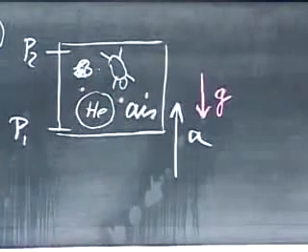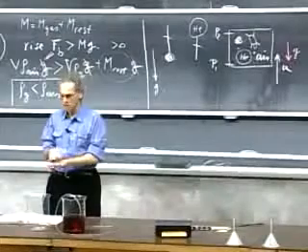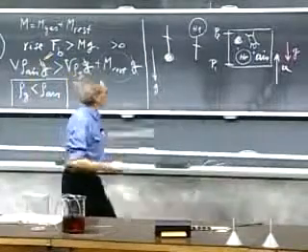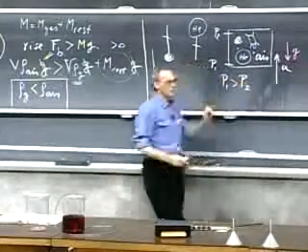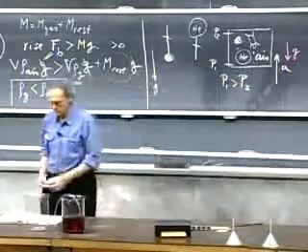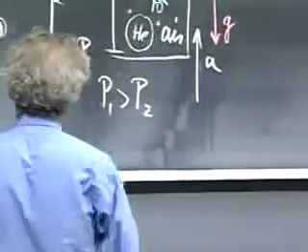Just like the atmosphere on Earth. The atmosphere is pushing down on us. The pressure is here higher than there. So you get P1 is higher than P2. So you create yourself an atmosphere, and the balloon will rise.